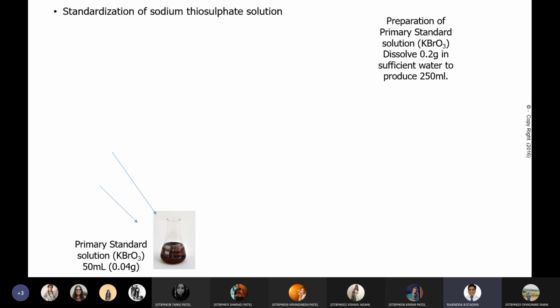And from that 250 ml, you will have to measure 50 ml. So what will be the amount of KBrO3 in 50 ml? Yes.